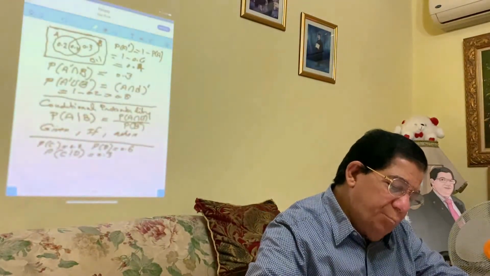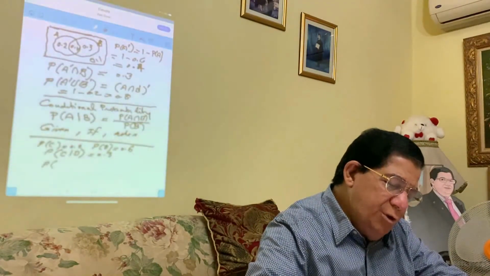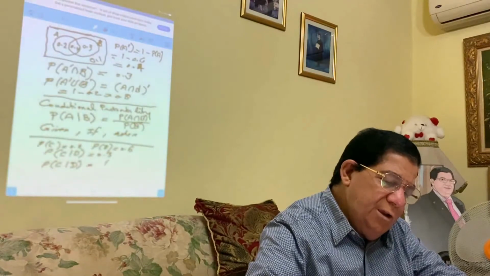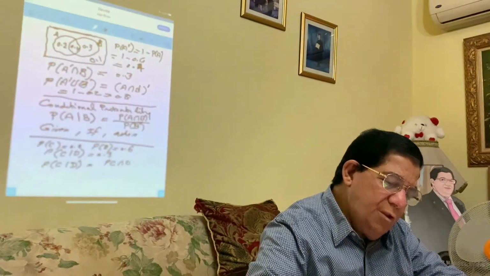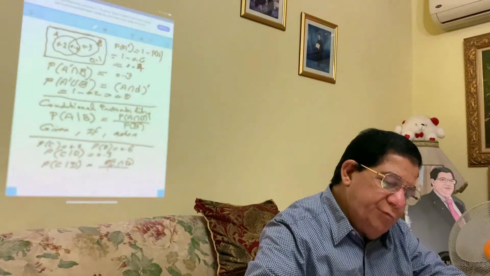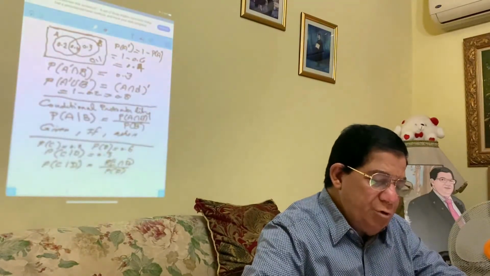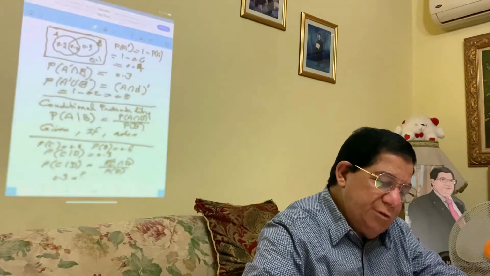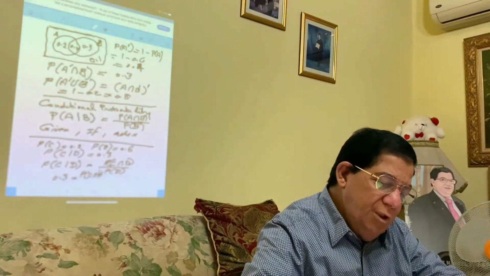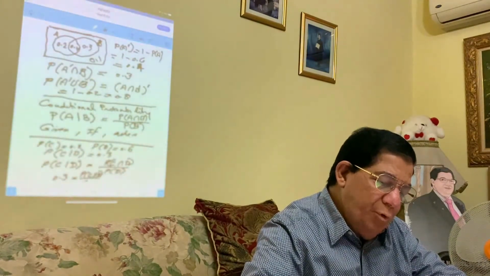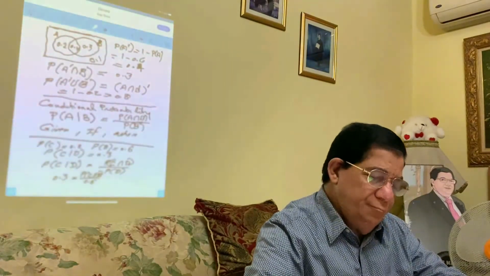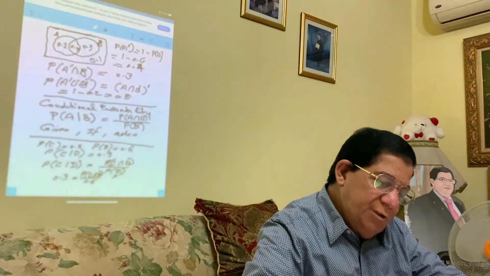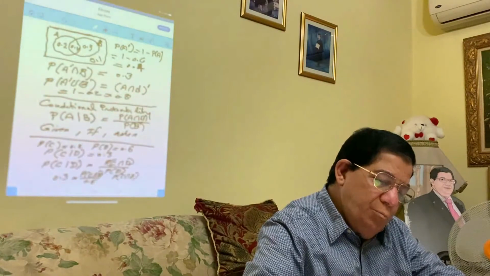What is the meaning of the probability of C conditional D? It means the probability of C intersection D over the probability of D. We substitute numbers: 0.3 equals the probability of C intersection D over the probability of D, 0.6. This means the probability of C intersection D is 0.18.